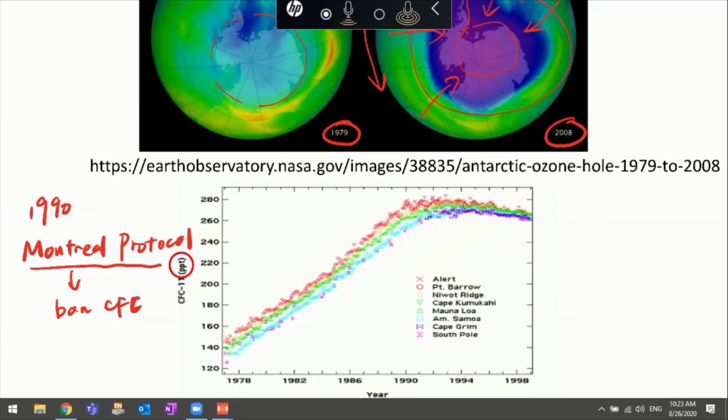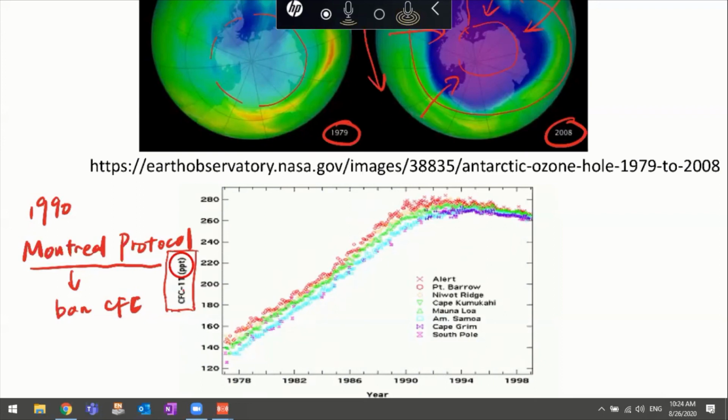So because of that, people are seeing a sharp contrast in the CFC concentration. Here, because people manufactured so many of them, this is just showing CFC-11, which is one type of the CFC family. And this is showing its concentration in the atmosphere as a function of time.